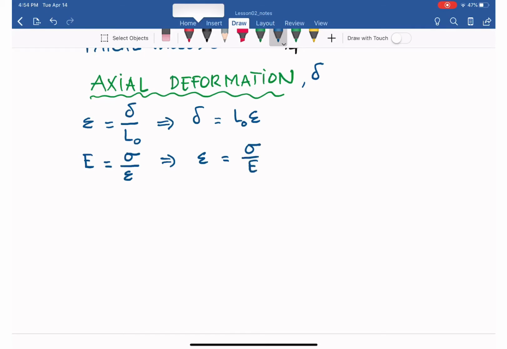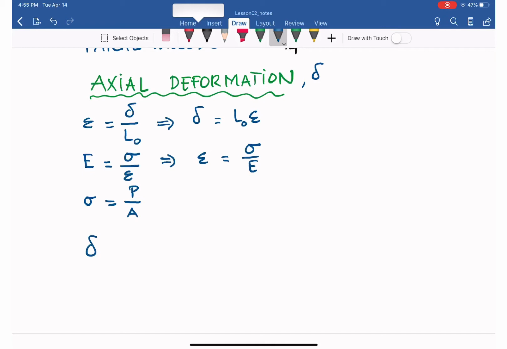And go back to lesson number 1, the normal stress sigma. What is that? It equals the load divided by the area, so P divided by cross-sectional area, P over A. So with those 3 equations, basically, we can find the axial deformation delta for a body.